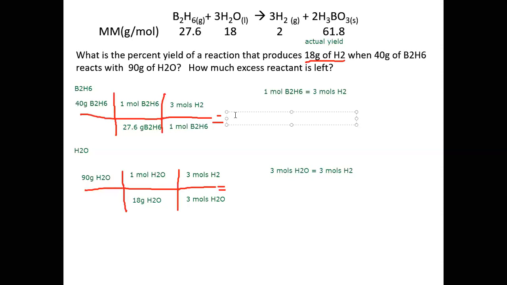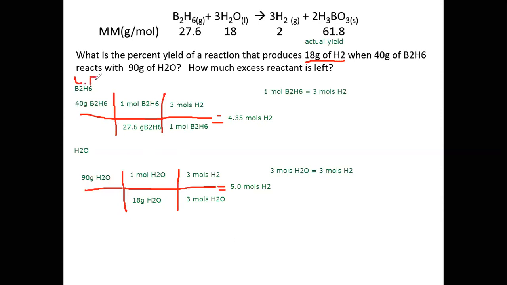So we get the same thing for water. So here we notice that B2H6 is the limiting reactant.